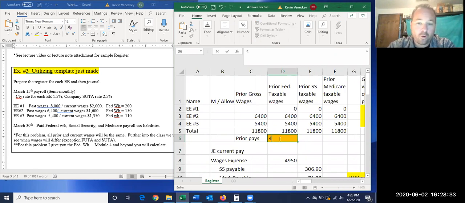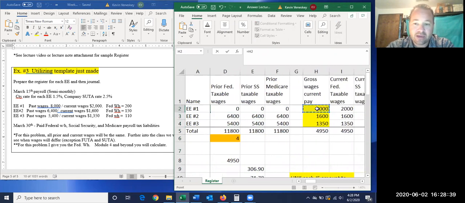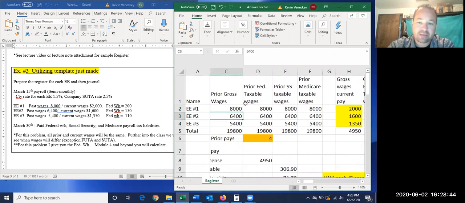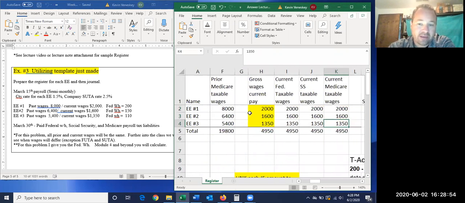So we've had four prior pays. So what we wanted to do is simply take this number, 2,000 times 4, the four prior pays. And that's how much we've made so far. All of that is calculated based on this number.